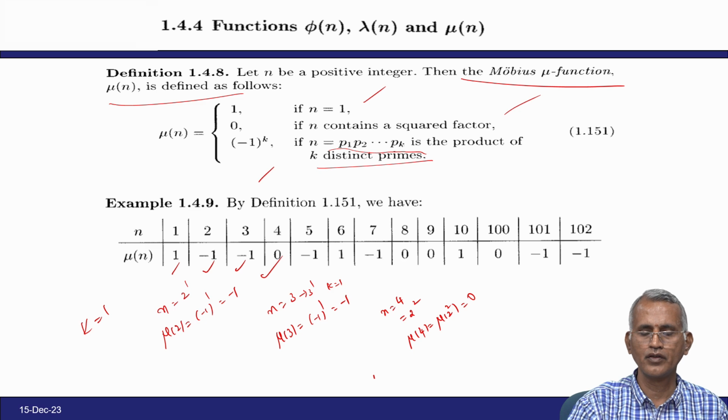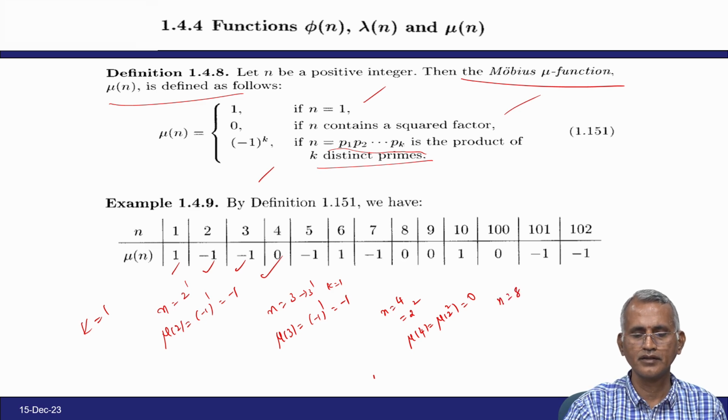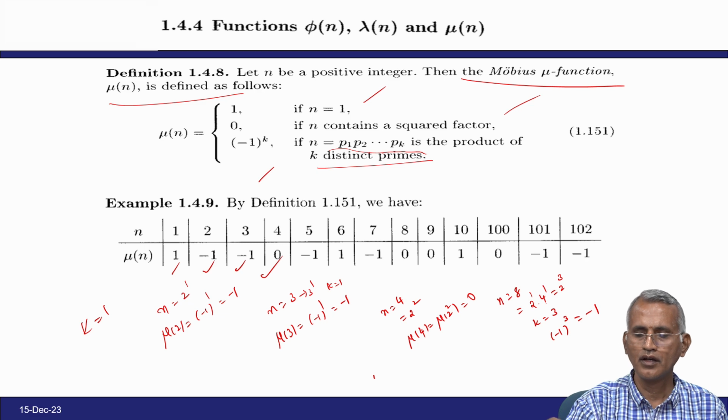Like that, you take n equal to 8, which is 2 cube. Here the square factor means 2 square into 2.